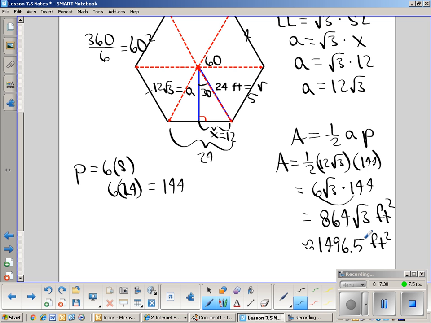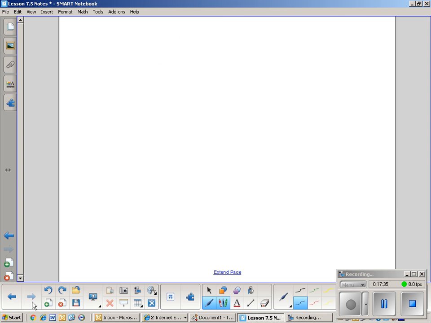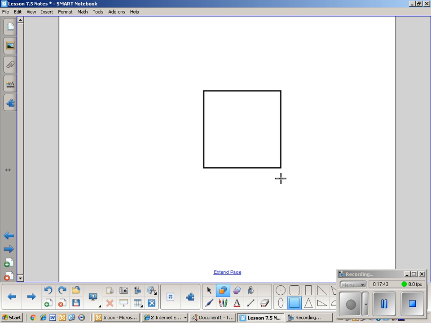The only thing I want to add, that was the only example I'm going to do for you, but I want you just to look at the setup for this. You don't draw these diagonals. I'm just doing this so I can locate the center a little better.